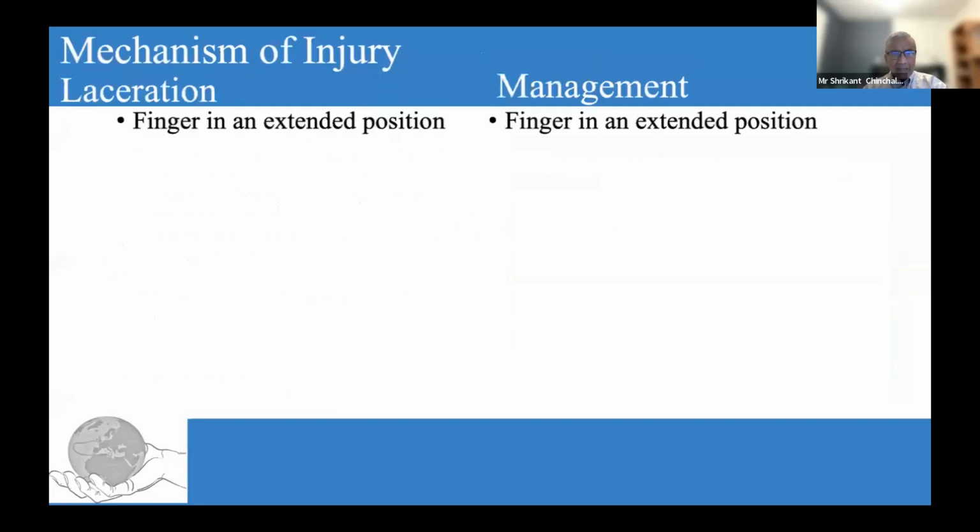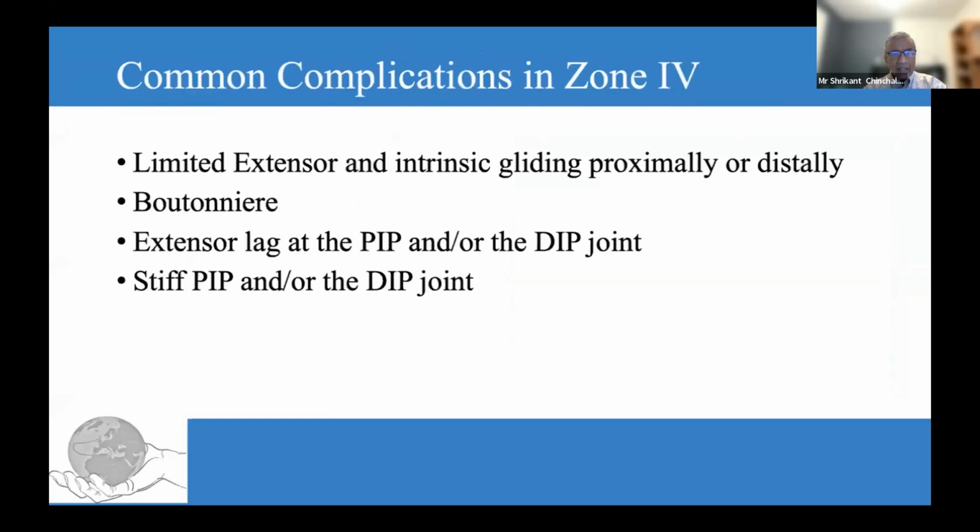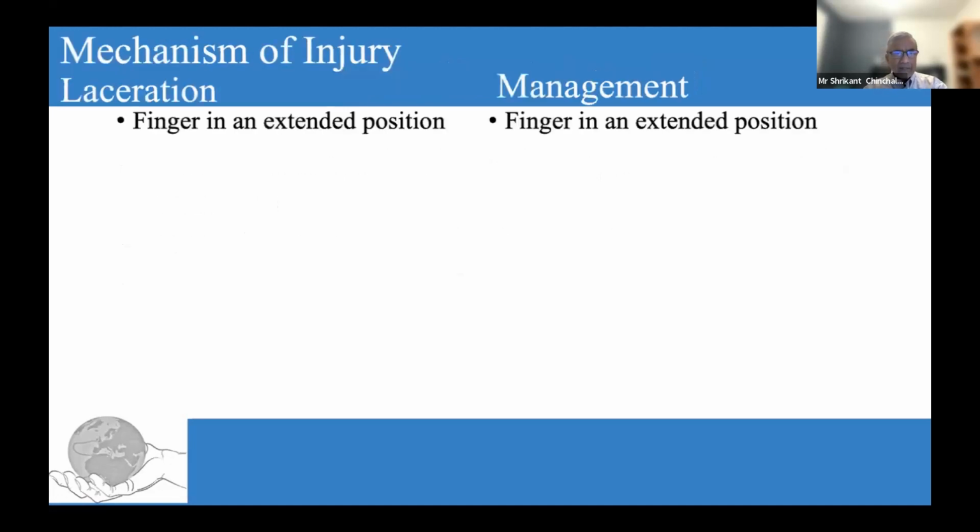It's quite likely patients may have a boutonniere deformity, which may be of a fixed or mobile nature, depending on the length of time the patient did not seek medical attention. Patients will have extensor lag at the PIP or DIP joint. Patients' PIP joint and DIP joint may be somewhat stiffer.